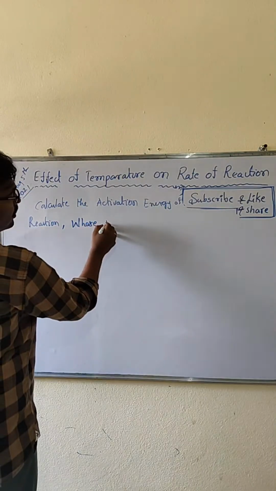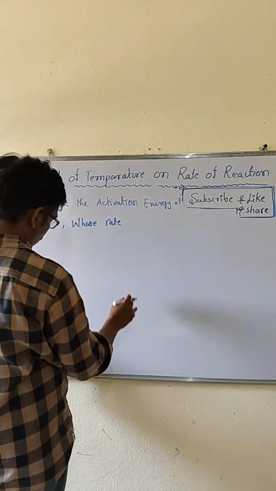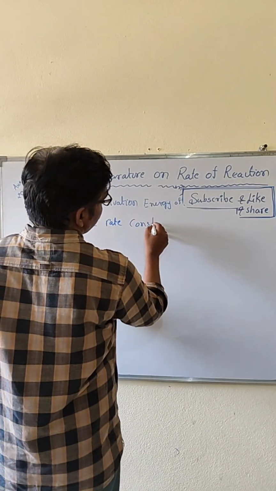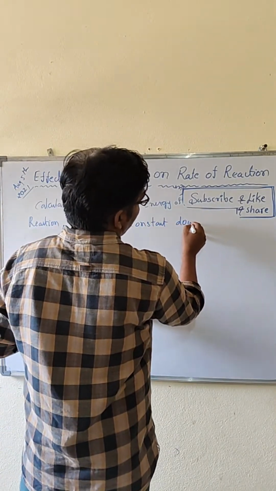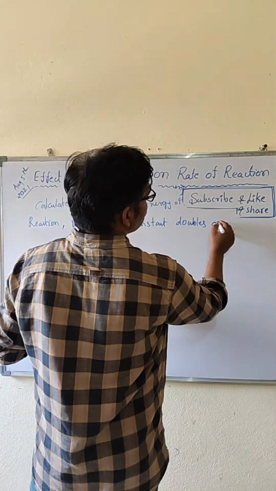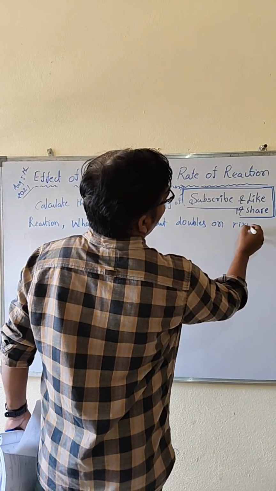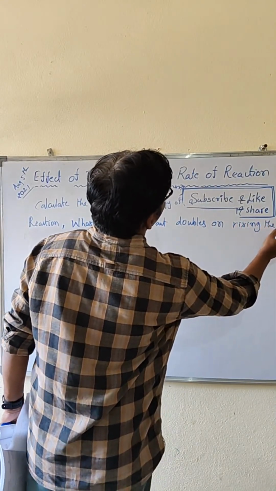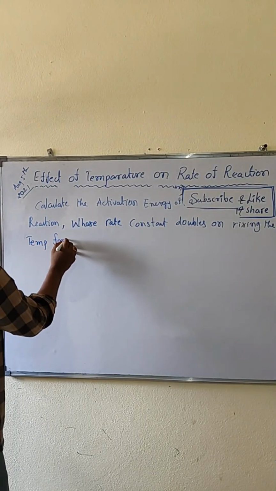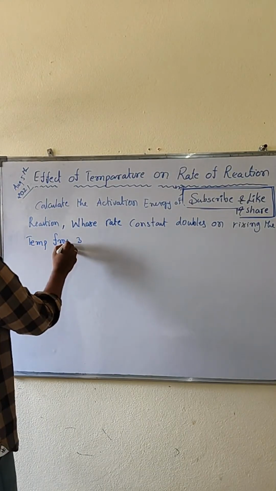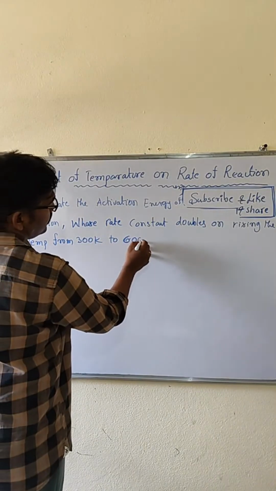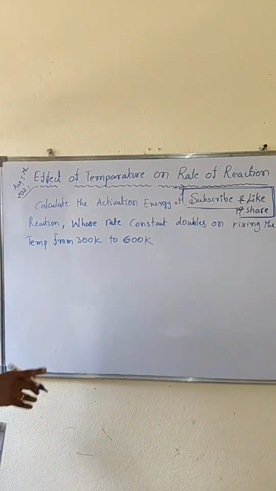whose rate constant doubles on raising the temperature from 300 kelvins to 600 kelvins. They are given like this.